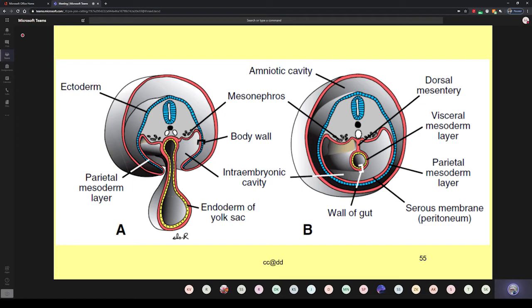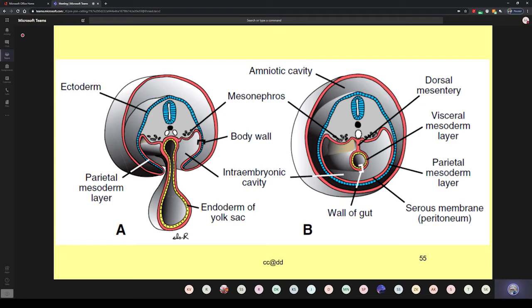Now, in this picture, in the region by the side of the notochord, by the side of the yolk sac, you can see something called the mesonephros. The word nephros itself suggests that we are talking about the urinary system.